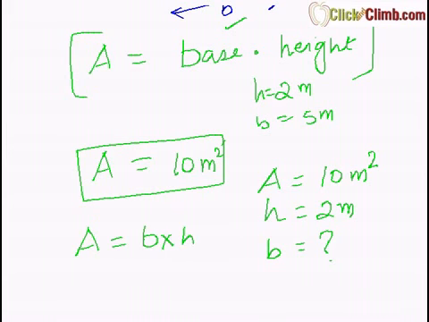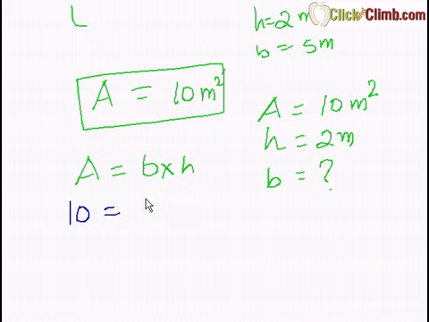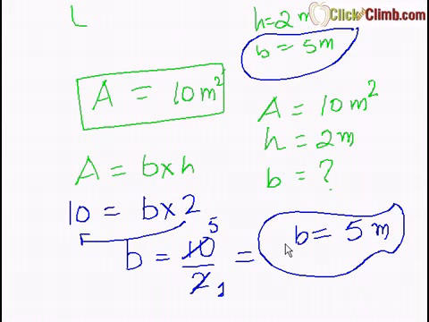This is given 10, this is b, we don't know, and the height is 2, so b is equal to 10 divided by 2, because 2 goes over here and becomes division. 2 times 5 is 10, so we get b equal to 5 meters, and that's what was given over here. So we conclude that with any two things we can find the third one.